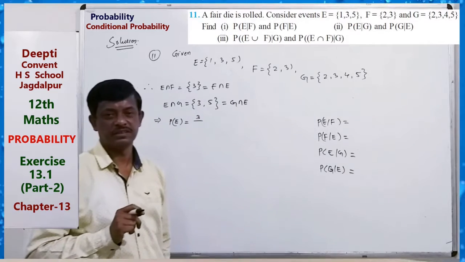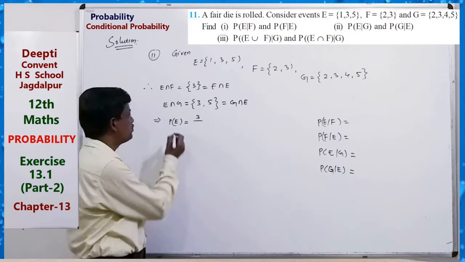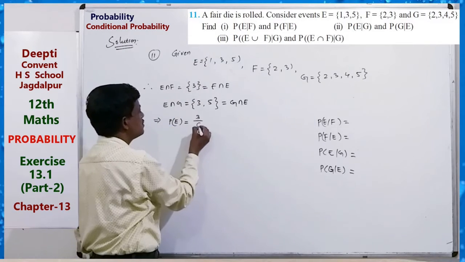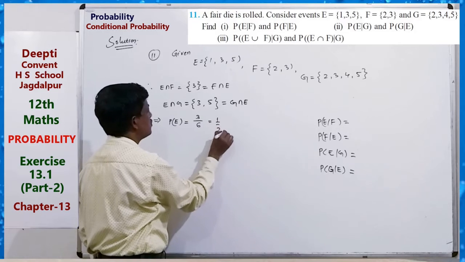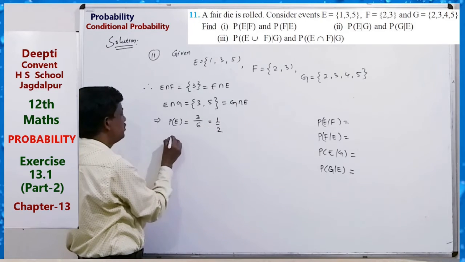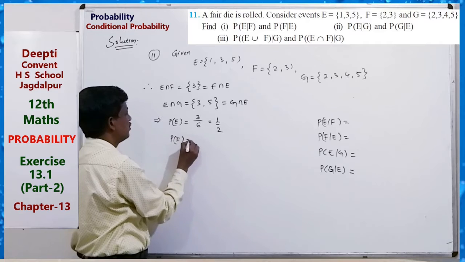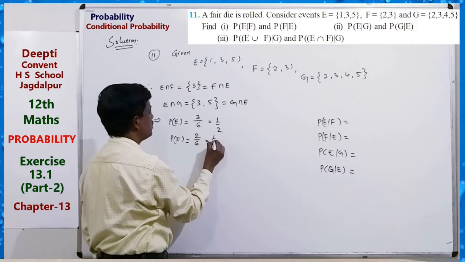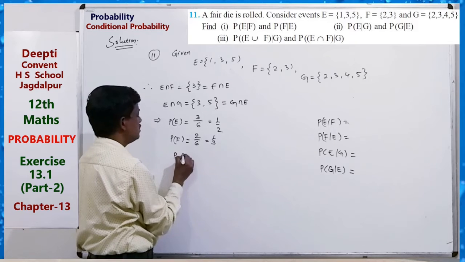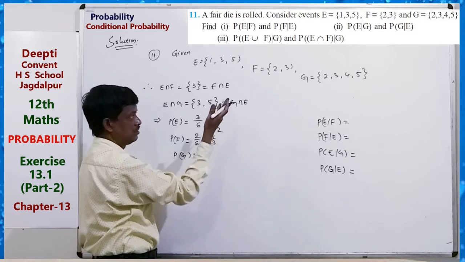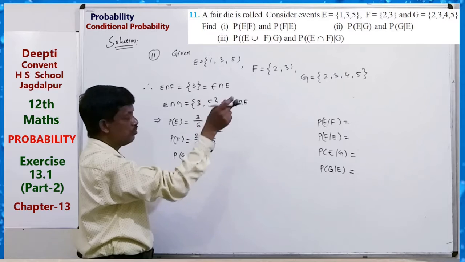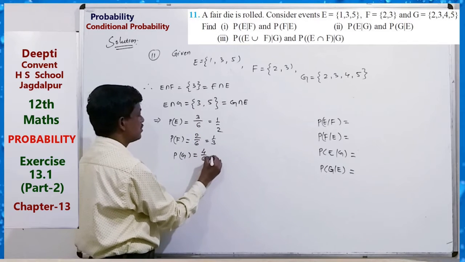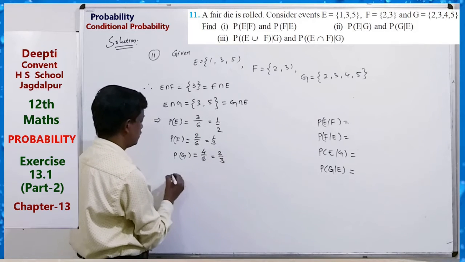The total number of cases is 6. So P(E) is 3 by 6, which equals 1 by 2. P(F) has 2 elements, so 2 by 6, which equals 1 by 3. P(G) equals what? 1, 2, 3, 4, so 4 by 6, which is 2 by 3.